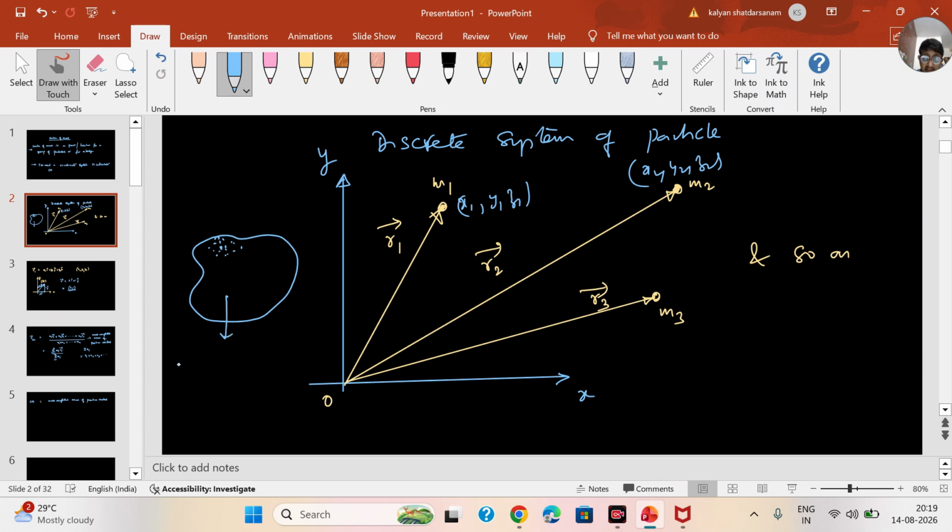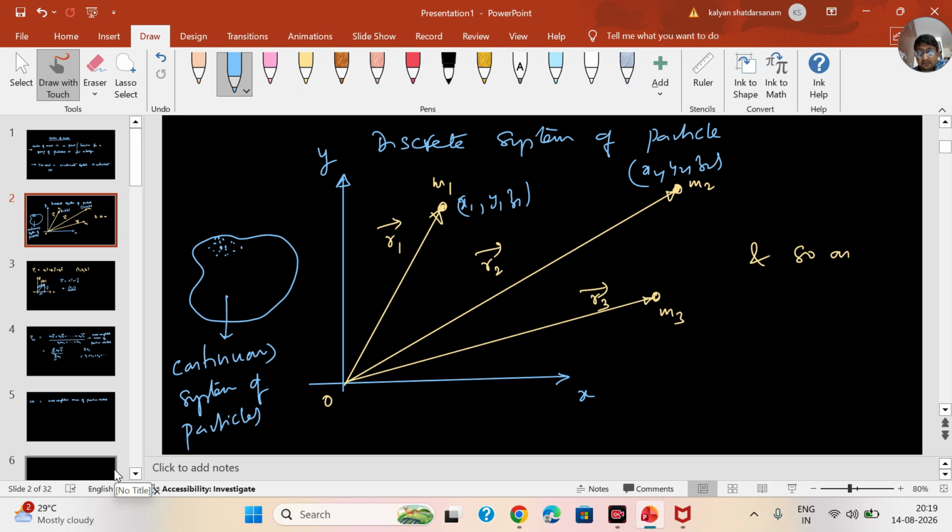If you take an object like that, we call it a continuous system of particles, or an object basically. If you have a continuous system of particles, infinite number of particles packed together, it becomes an object, any object. So we have 2 kinds of systems.